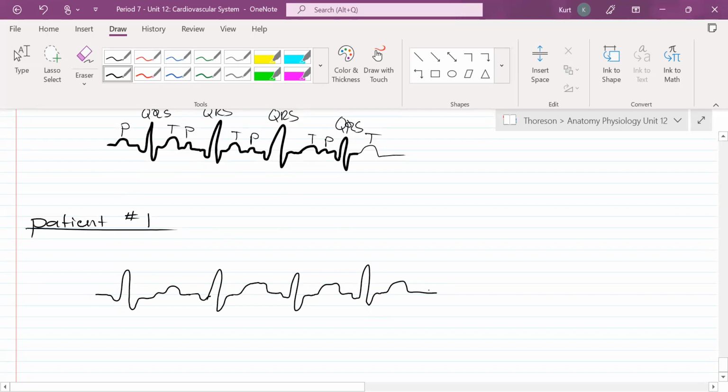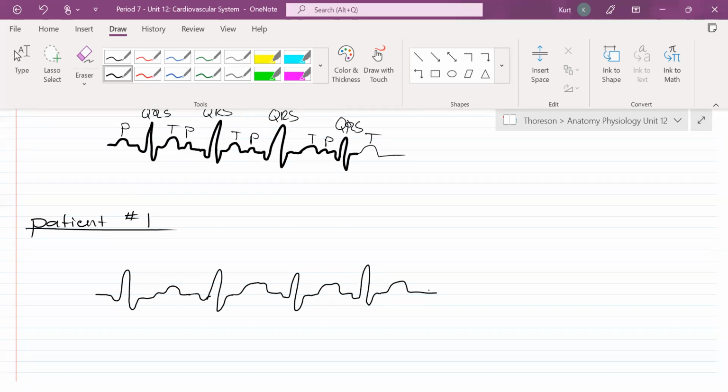Something's wrong. Can you identify it? Look at where I started. Yeah, there is something funky with the T wave. You're right about that. What's that? Where QRS?